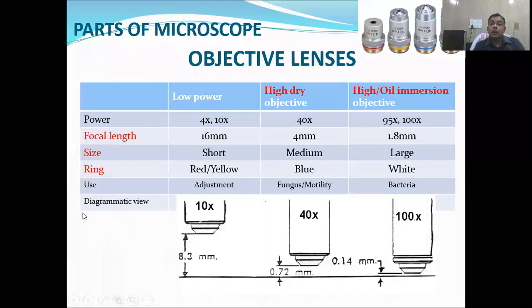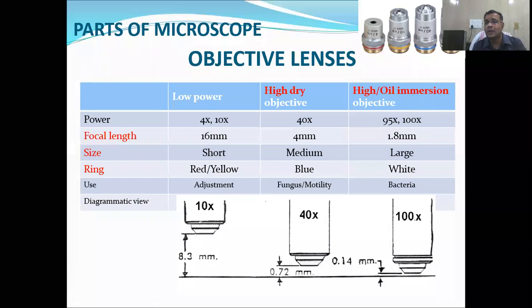Now, the important slide: different objective lenses have different functions. So I have tried to prepare one table so that you can easily understand. There are three important objective lenses, generally named the low power lens, high dry power lens, and oil immersion lens.